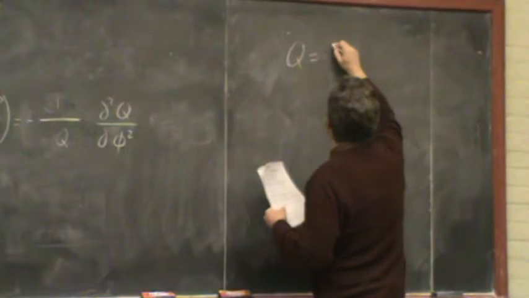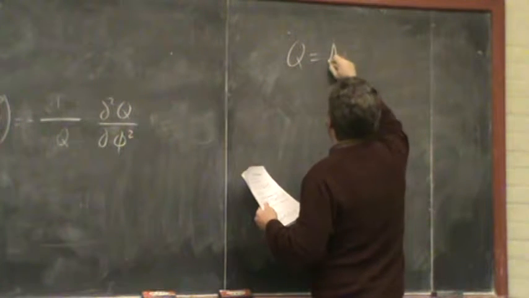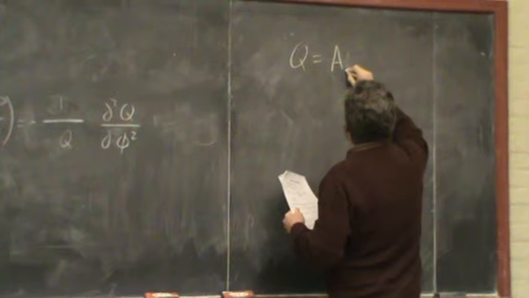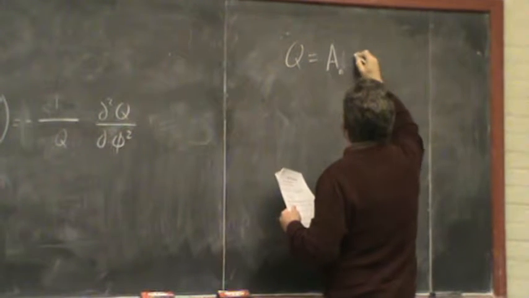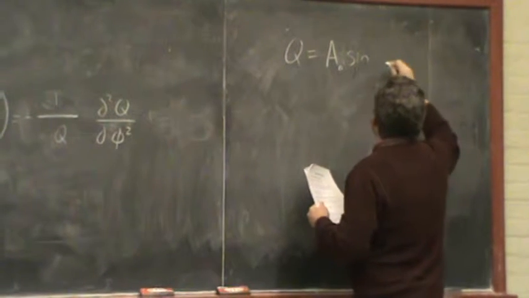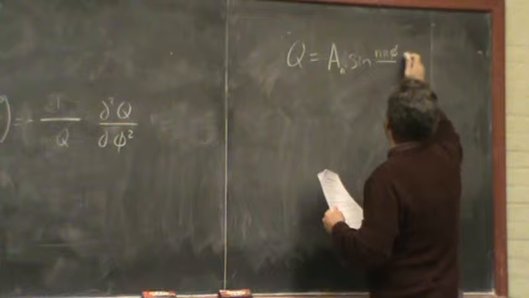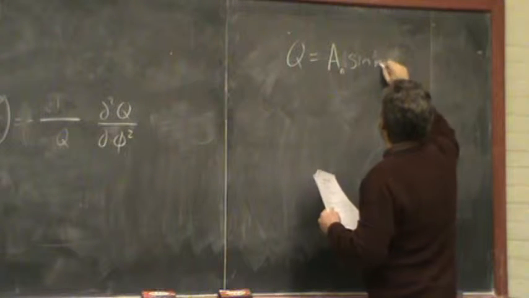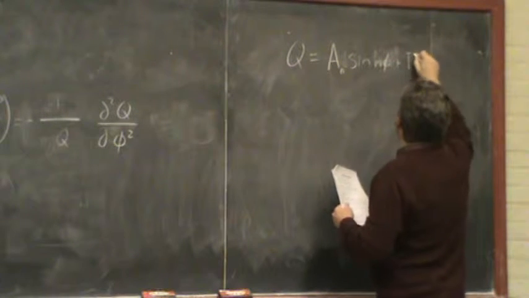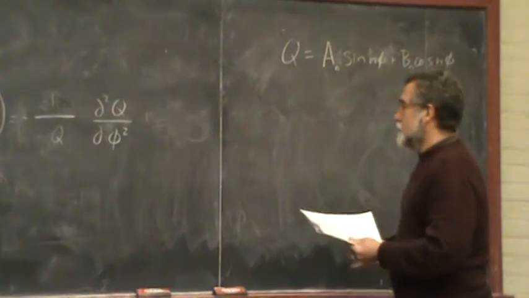I'll write it like this: A sub m sine m phi plus B sub m cosine m phi.